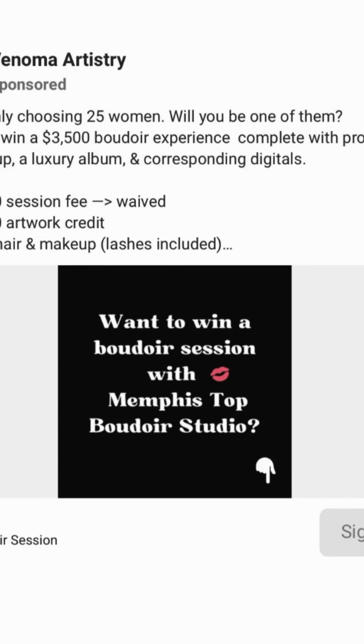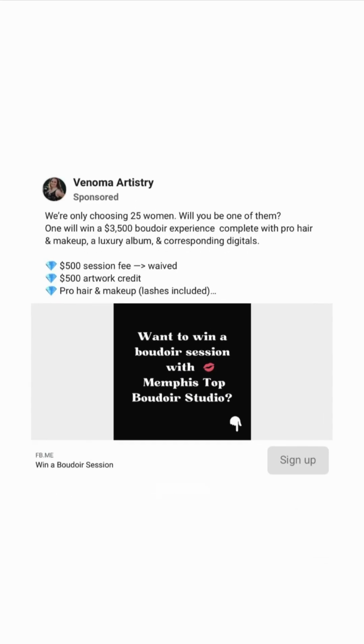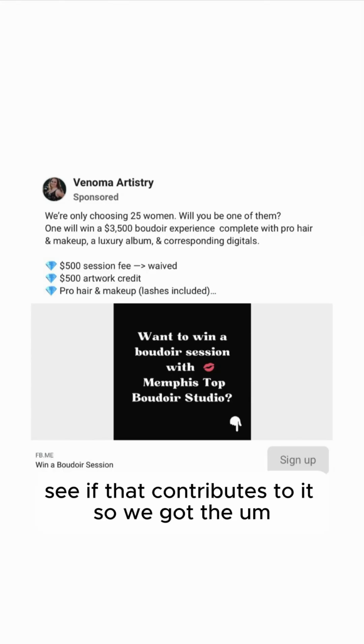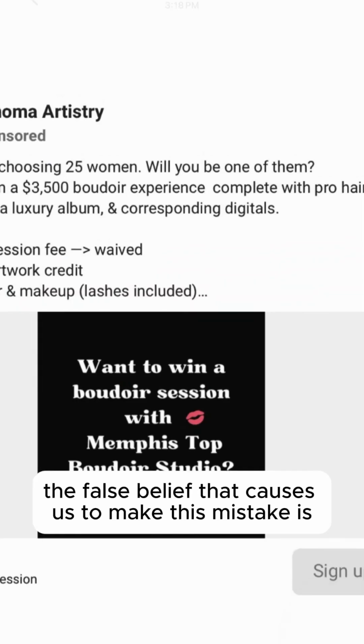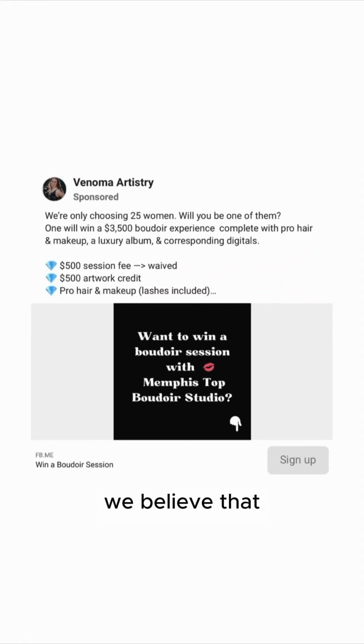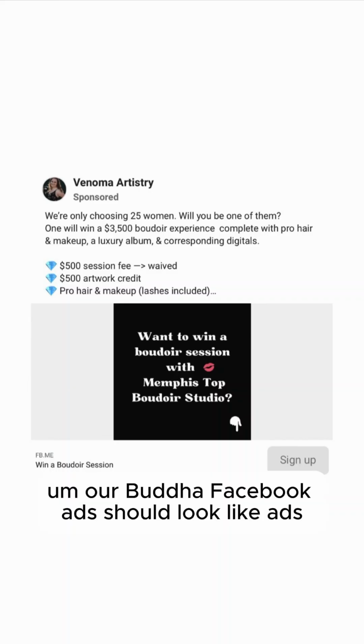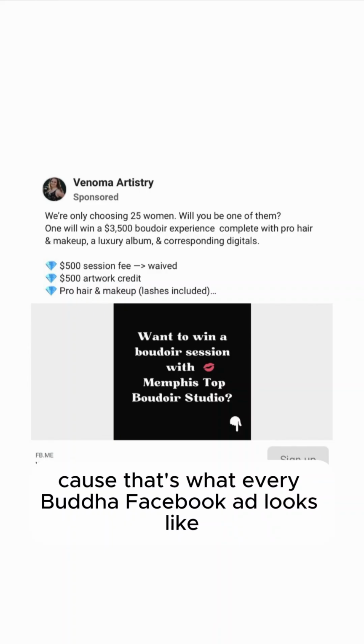Next, we look at the creative, the photo, to see if that contributes to BLCS. So we've got what looks like an ad mistake here. The false belief that causes us to make this mistake is we believe that our Boudoir Facebook ad should look like ads, because that's what every Boudoir Facebook ad looks like.